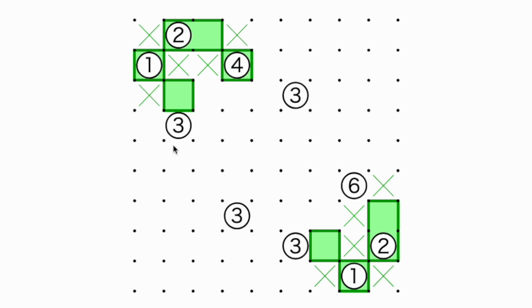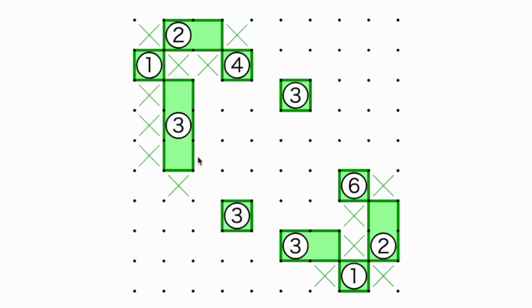So these both have to be shaded, actually, we can do that with all of the circles, I suppose. And in this case, we know this is a rectangle of size 3, and that has to be a 1 by 3, and we know the orientation of that. So let's finish that one up.